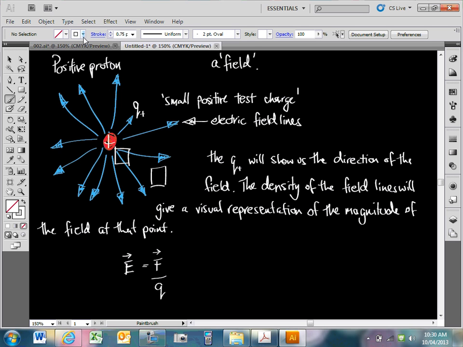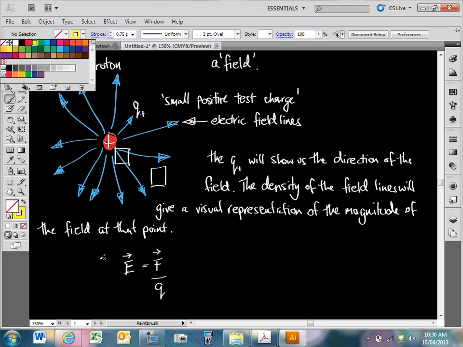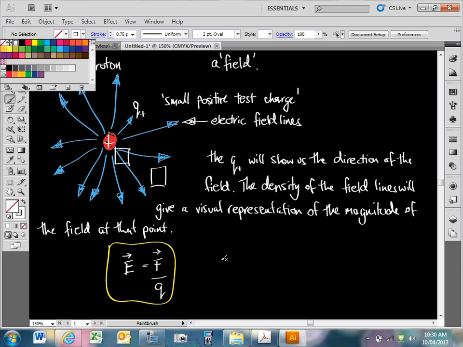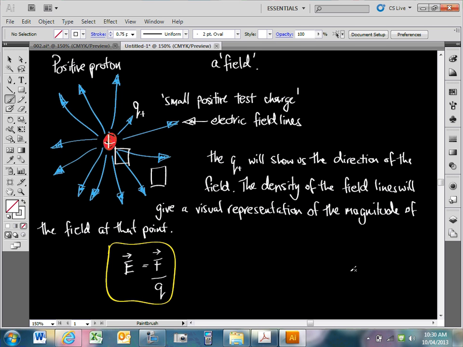Charge doesn't have a direction. And E is the electric field strength.